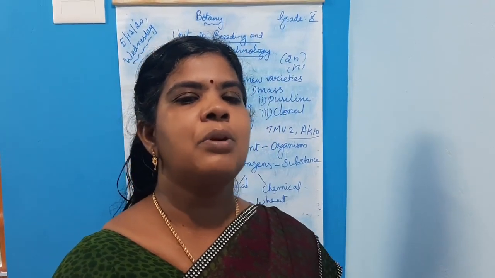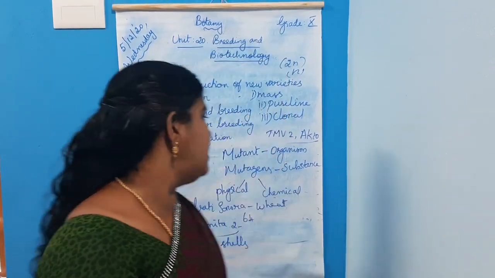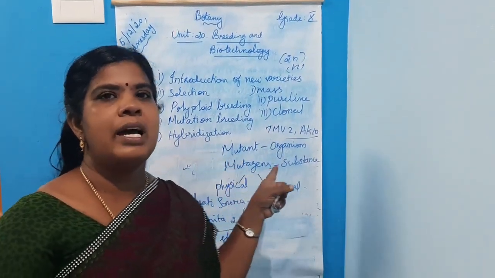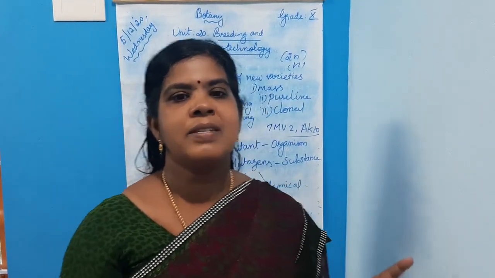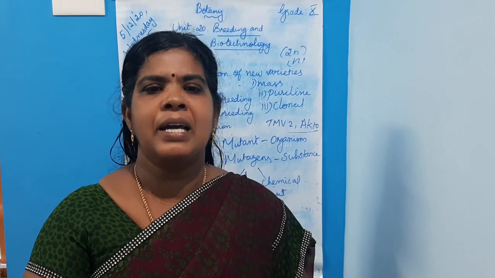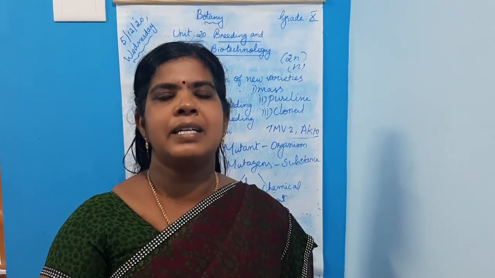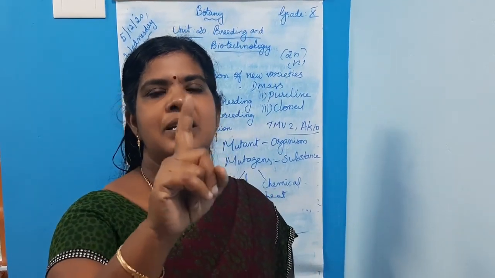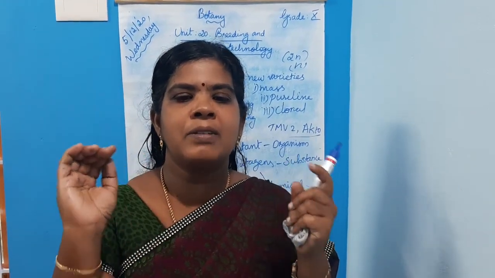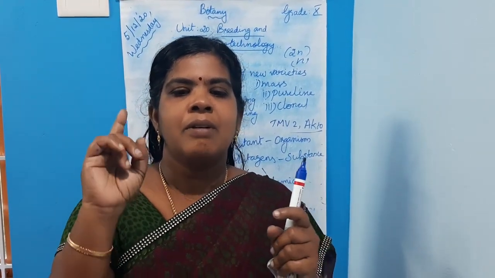Then what about the last one? Hybridization. The process of formation of hybrids. The process of crossing two or more types of plants for bringing their desired characters together in one progeny. Two or more plants are crossed, the outcome is one plant.